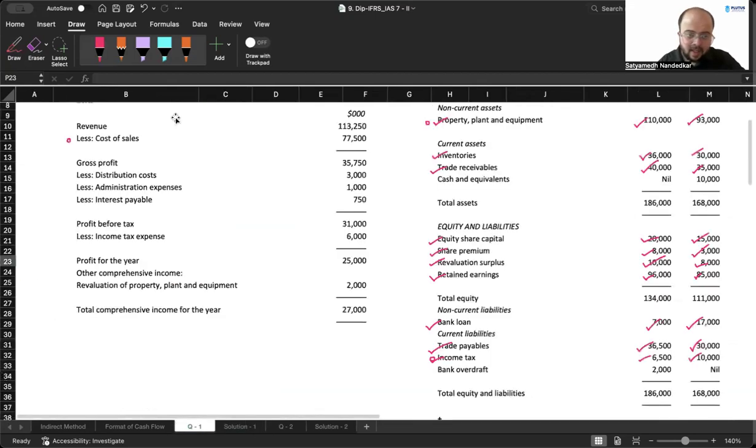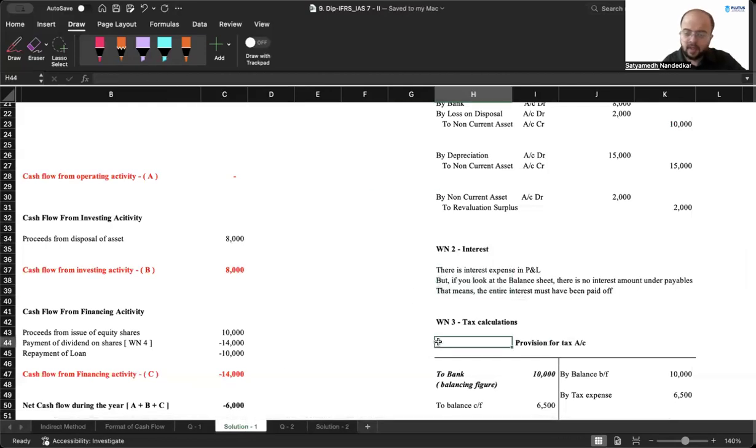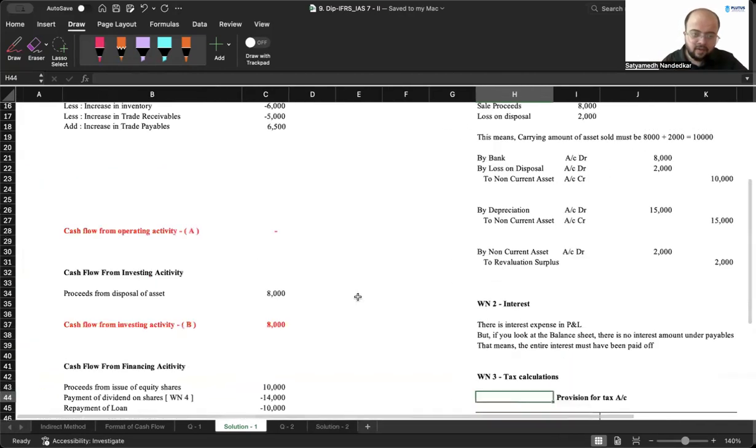Also, as you can see, यहाँ पे there is an interest expense, but there is no interest payable. What does that mean? That means the entire amount of the interest has been paid off. Okay, so there is nothing to show as payable at the end of the year.